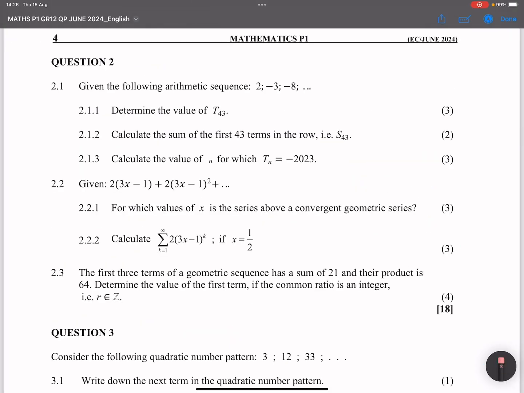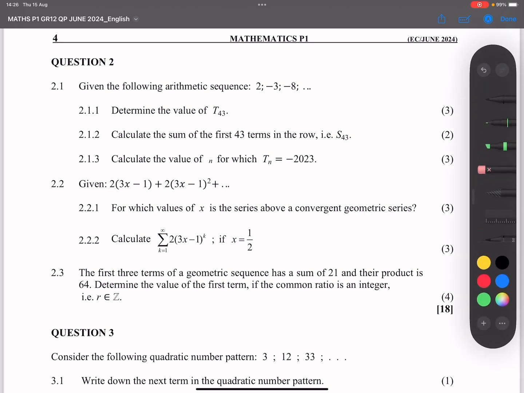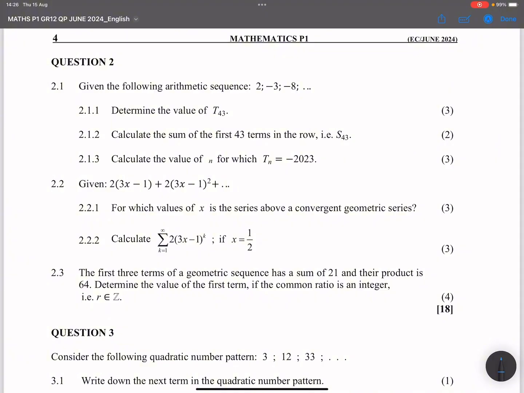And now let's look at question 2. They say, given the following arithmetic sequence, that is 2, -3, and -8, determine the value of T43. Now, please note, as soon as they tell us that this is an arithmetic sequence, we know that the general formula for any arithmetic sequence is a plus n minus 1 multiplied by d.